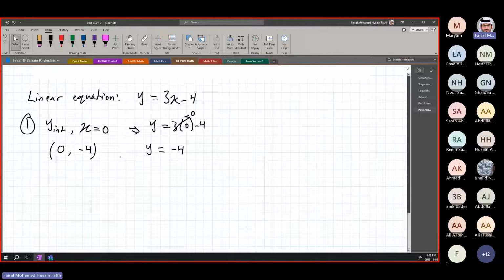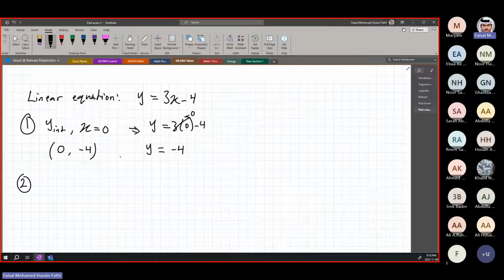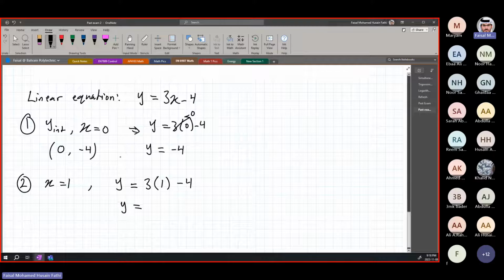Second point: I usually take the x-intercept, but here the x-intercept means when y is equal to 0, and the problem is that taking the x-intercept would give me a fraction. So what will I do? I'll just take x equal to 1 as my second point. So y when x is equal to 1 is 3 minus 4, which is minus 1.